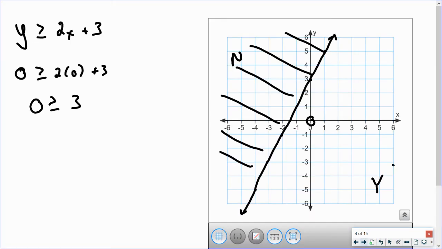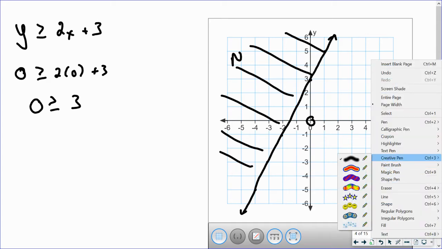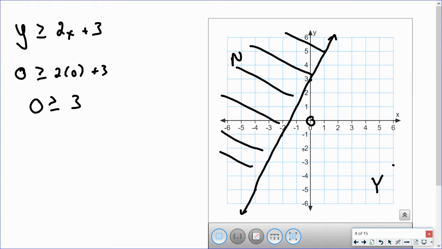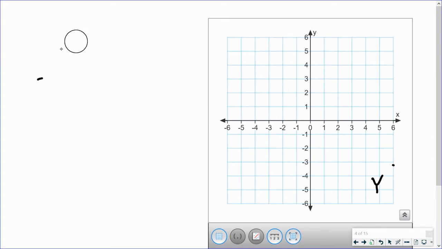So the example that I had is going to look like this particular one. And I'm going to try to find my eraser. There it is. Let's go with the big one, and let's just get rid of all this stuff. We'll just start all over.